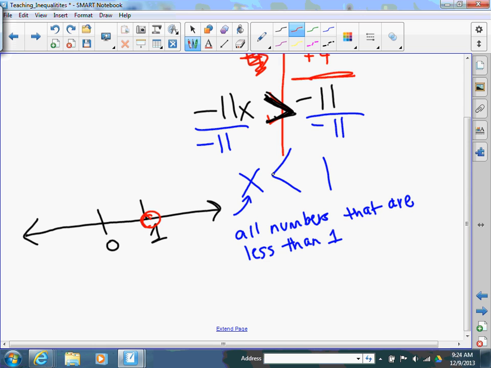Rudolph's nose is pointing to the left, so we shade to the left. These are all your numbers that could work in the answer: 0, -1, -2, -3, -4, -5. 1 will not work. That's why I have the open circle. Any questions? Easy or confusing? Okay, let's do another one.